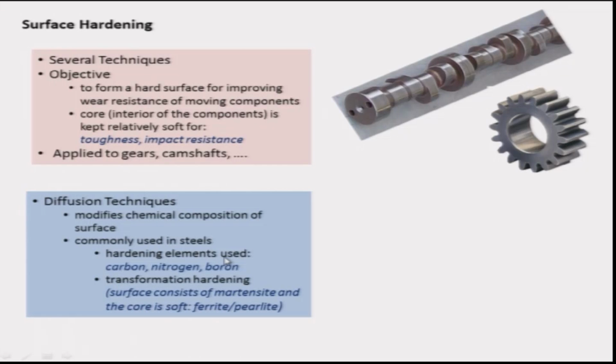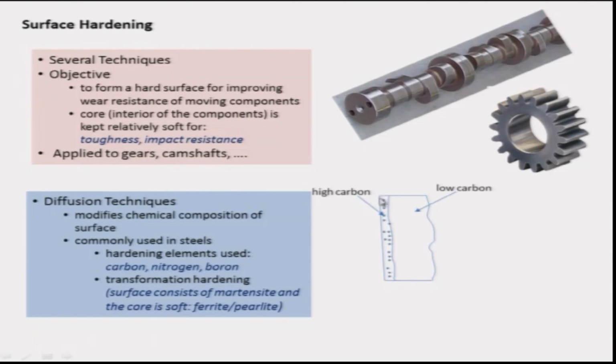So, for example, if you have introduced a higher carbon content in the surface, then one can use transformation hardening, heat treatment, through which on the surface you get martensite, while the core is kept soft with a structure like ferrite and pearlite. This is illustrated here as follows: here is a component.